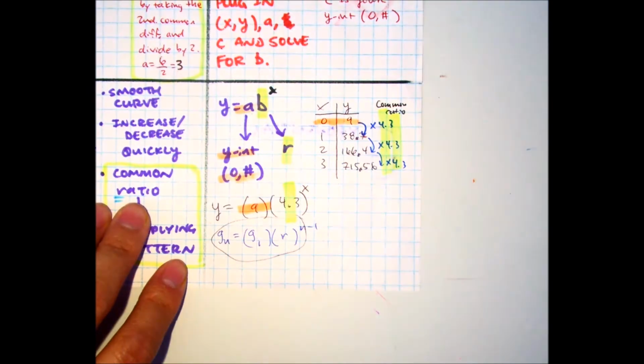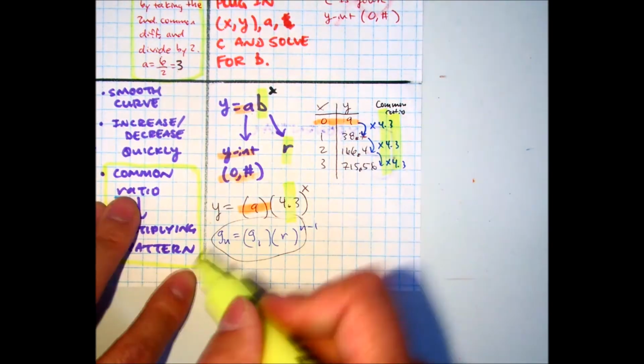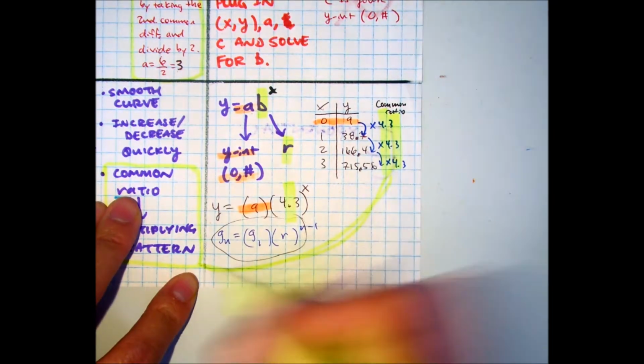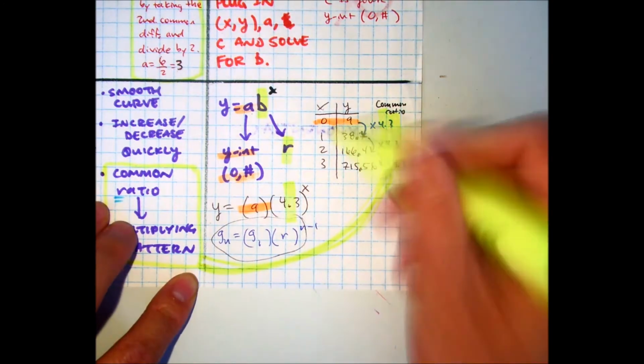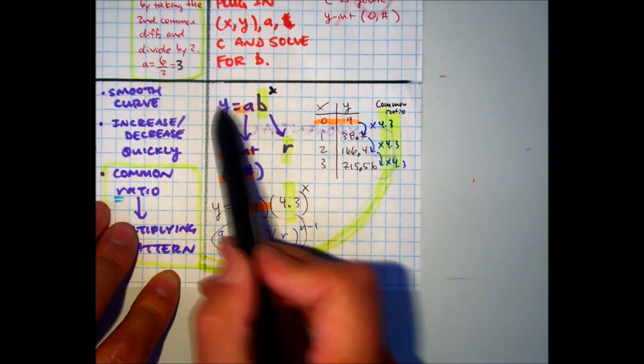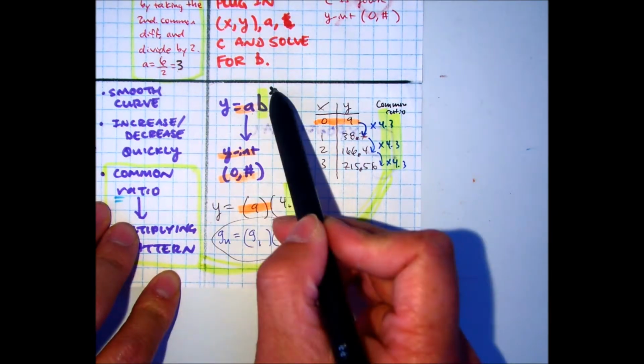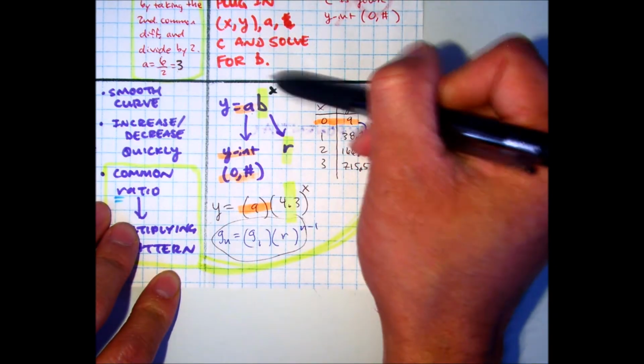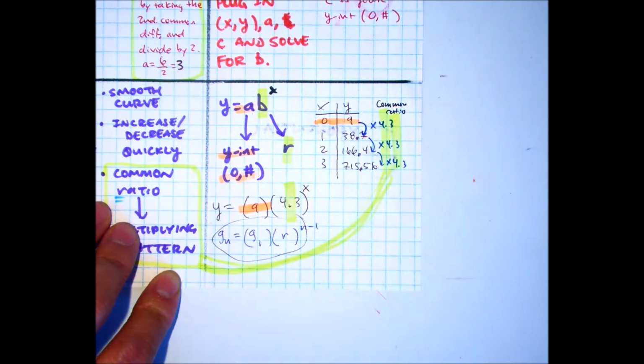So let's connect that. This common ratio is what I'm talking about right there, right? It's a multiplying pattern. Well, we do have a form of exponential that is in the form of y equals ab to the x power. So this is an exponent, that small little number to the top right.